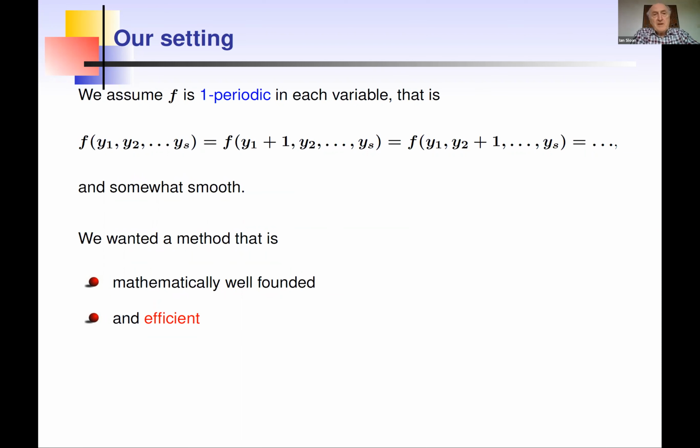So I'm going to assume that the function f is periodic in each variable. So we're working on the torus in the mathematical sense, functions that are defined on the torus and somewhat smooth. And we're very interested in methods that are both mathematically well-founded and efficient.